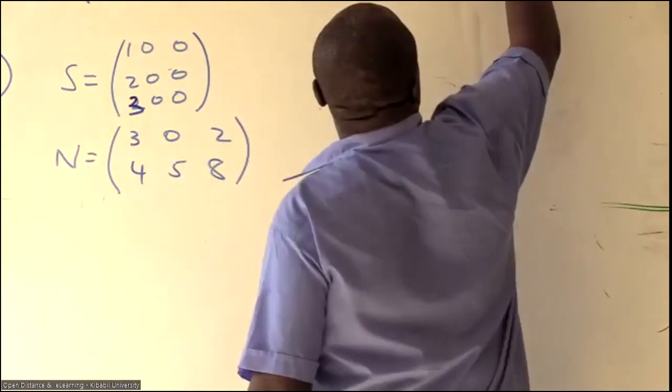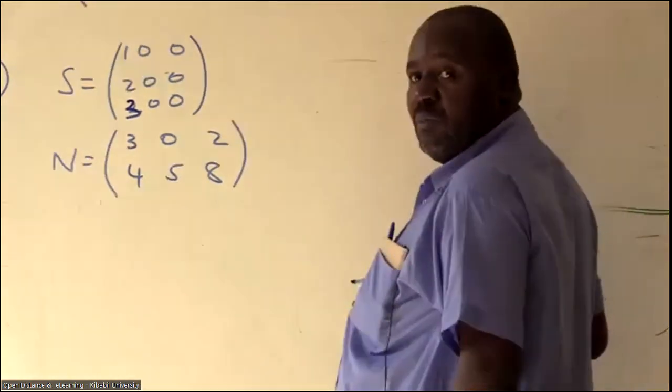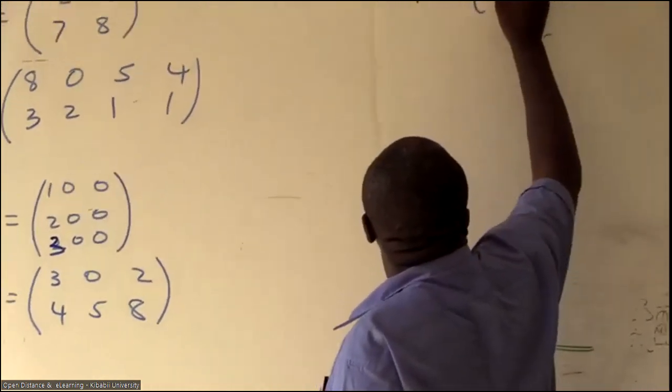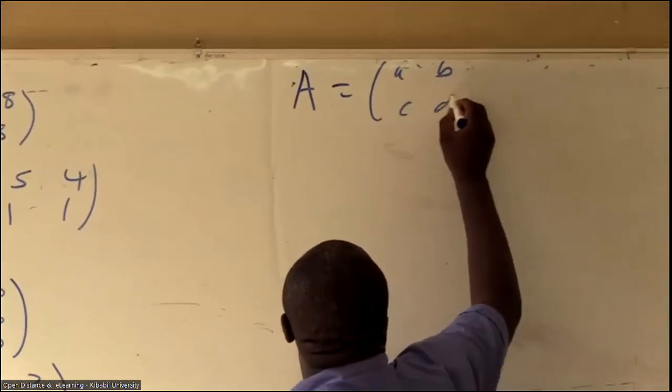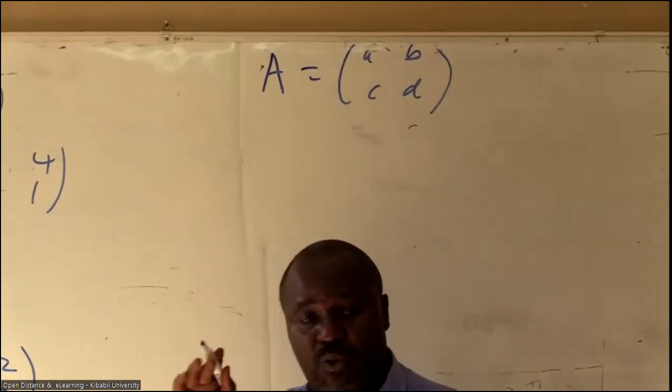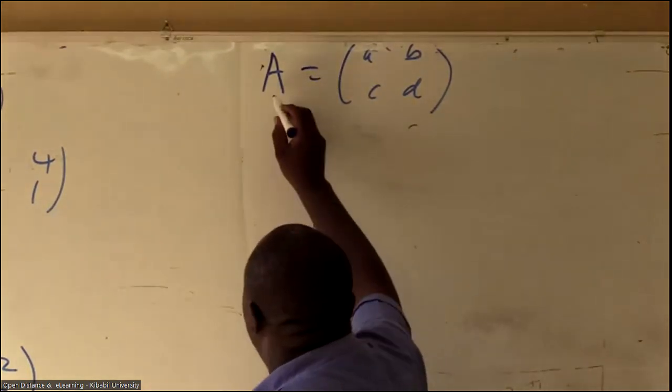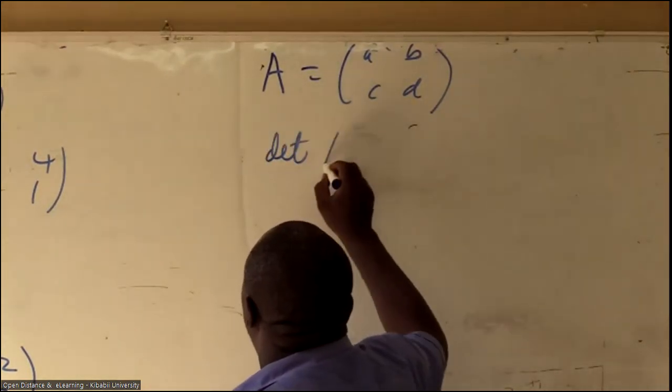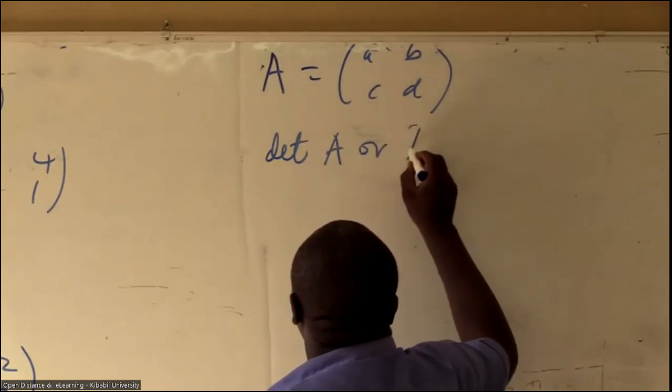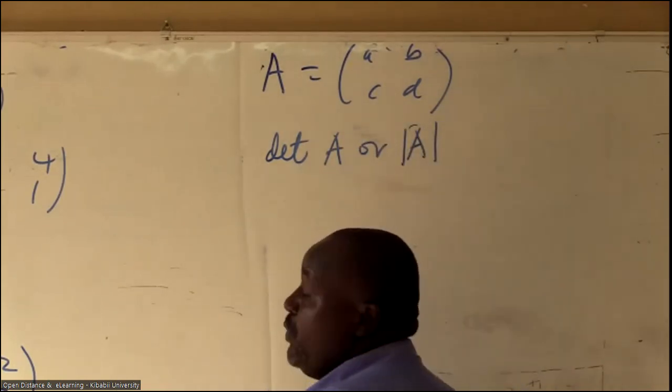When you are given a matrix A, defined as A, B, C, D, this is for 2 by 2. Then the determinant of A, which we denote as det A, or they'll give you A between those two bars.